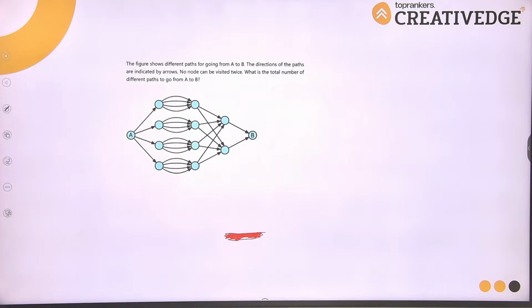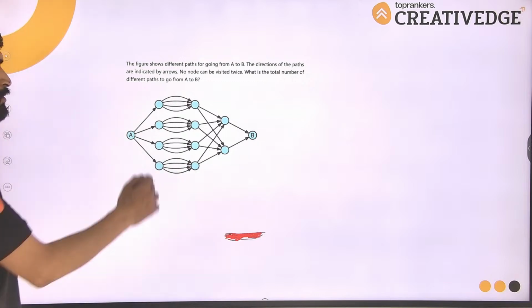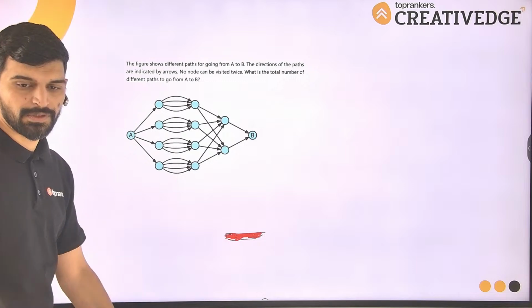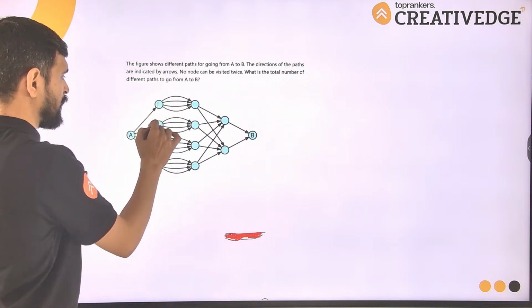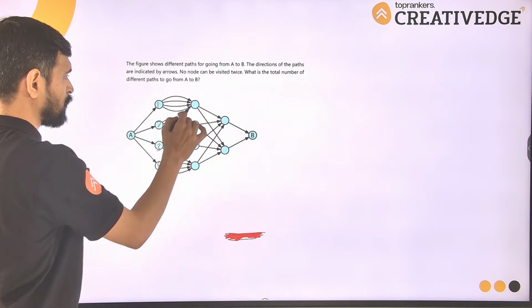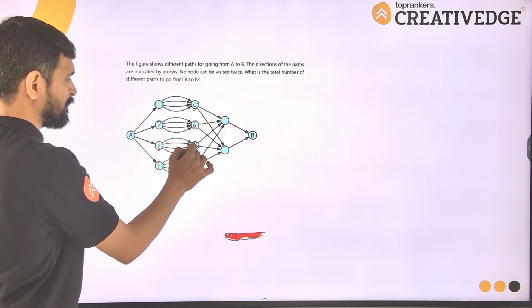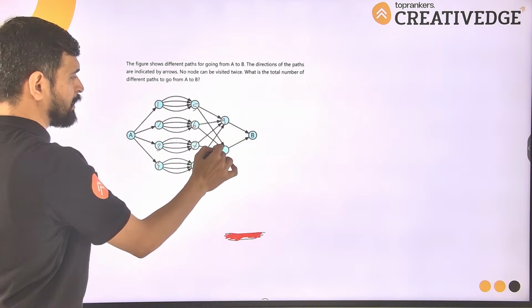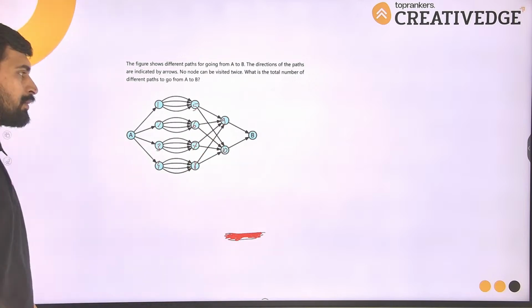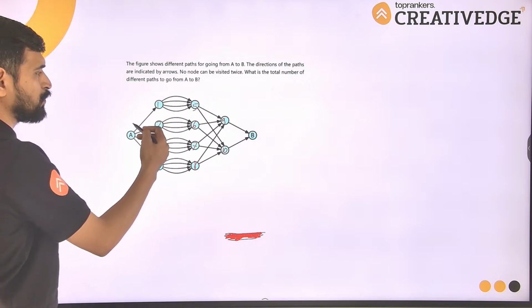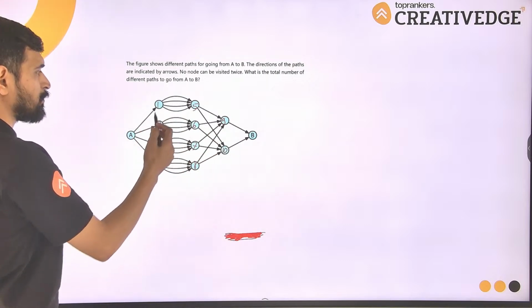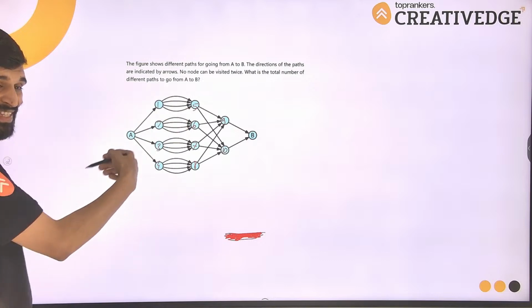It says the figure shows different paths from A to B, and arrows are indicating the direction of the path. So for example, this is 1, 2, 3, 4, 5, 6, 7, 8, 9, and 10. A person moving from A can move to 1, A to 1, but not vice versa.